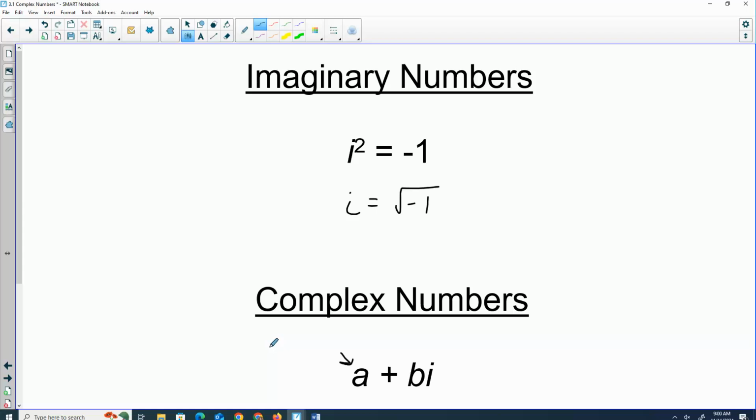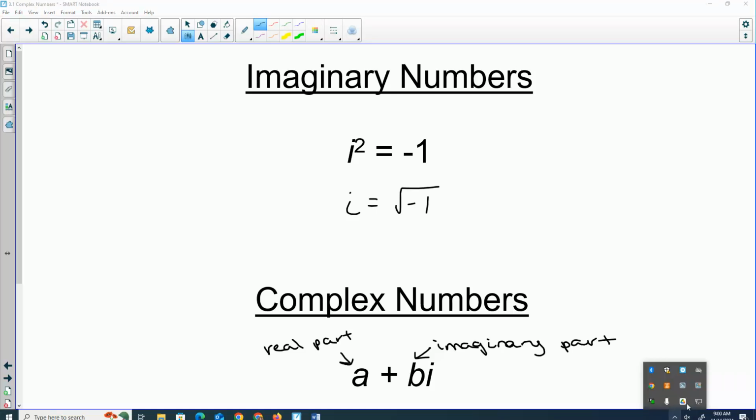We call the a the real part, and b is the imaginary part. So complex numbers have a real part and an imaginary part. And anytime we see i, it is the square root of -1.